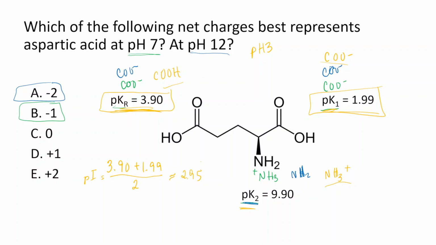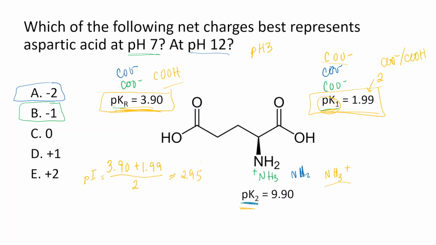The reason why we want to average it is because once you start getting close to the pK, if you think about a titration curve, our titration curve is flat around our pK, and that's where we have about half and half of our charged and uncharged species. So if we get too close to, for example, pK1, if we're at pH 2, right around exactly the pK, we're going to have some COO minus, but some COOH. We'll have about half and half.